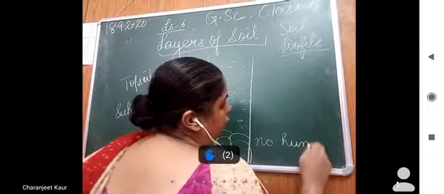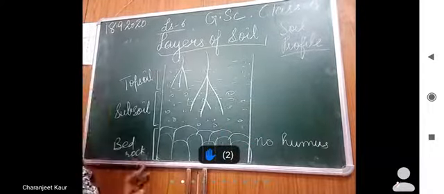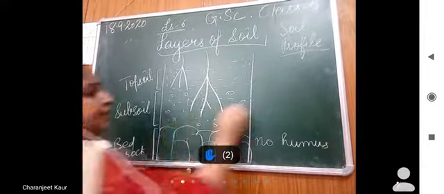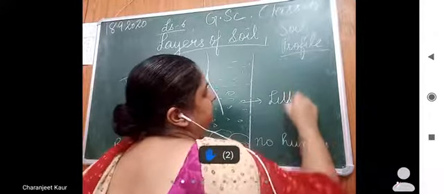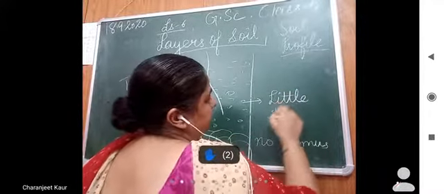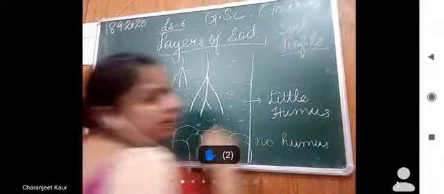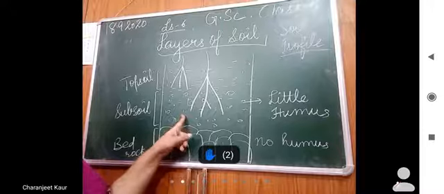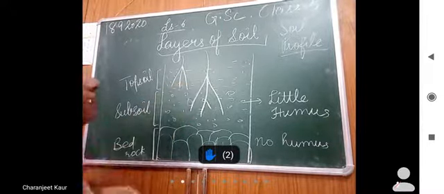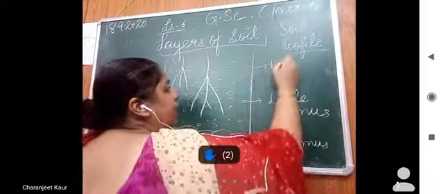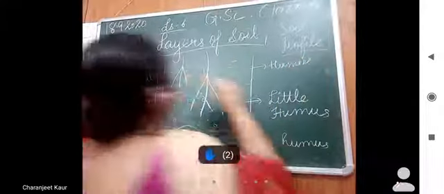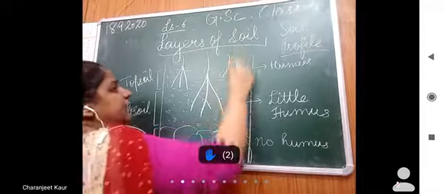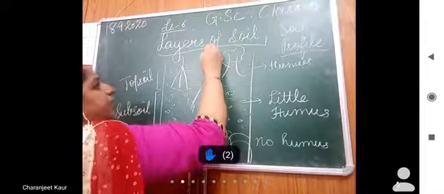Coming to subsoil, in this layer, little humus is there. Roots reach up to this point in search of water. And in topsoil, it is full of humus. That is why mainly plants are found grown in topsoil. Here the plants are found, right?